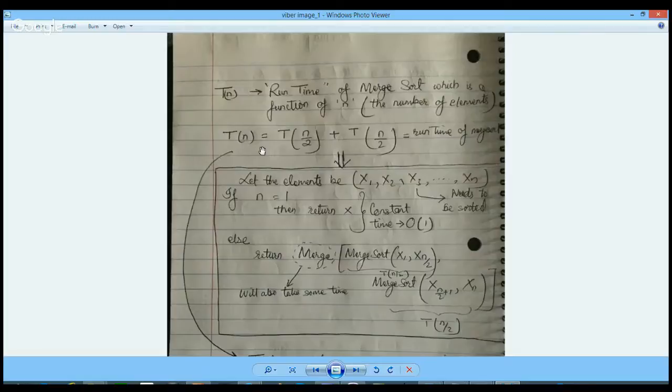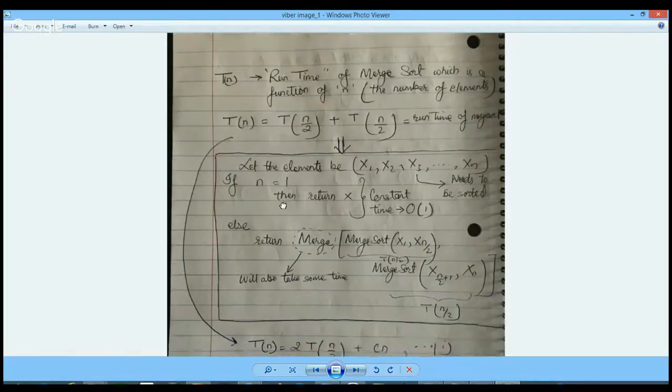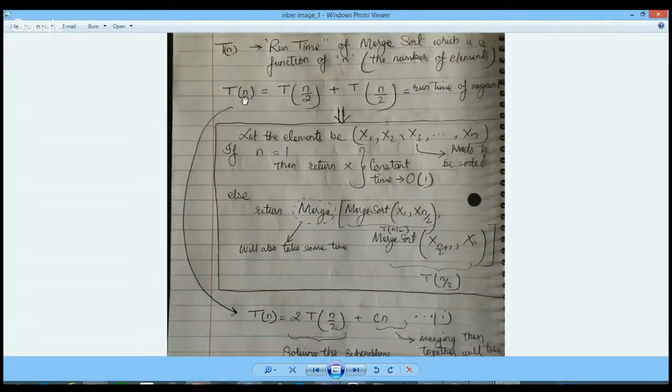So we can divide the total time T(n) taken to execute the MergeSort into two parts. To do that, we are splitting the number of elements in the array into two.